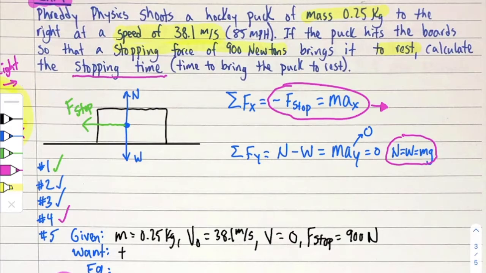So I'm just going to go over here and say my acceleration in the x direction, if I were to divide the mass over on both sides, is just going to be negative F_stop over m. And I'm just going to do that because I know that it's nice to have my acceleration if we're going to use our kinematics equations. So I'm going to circle this one here.